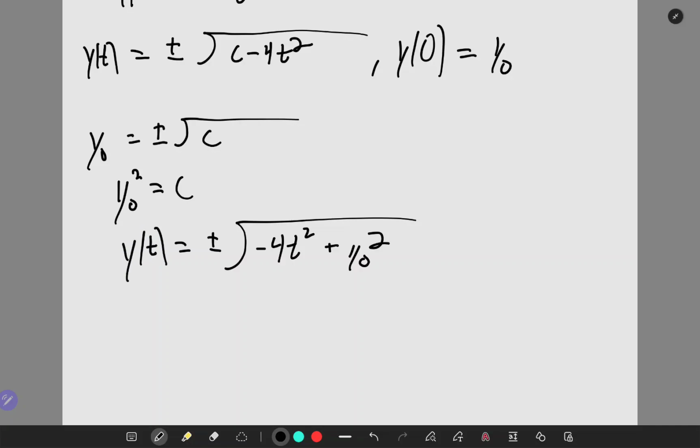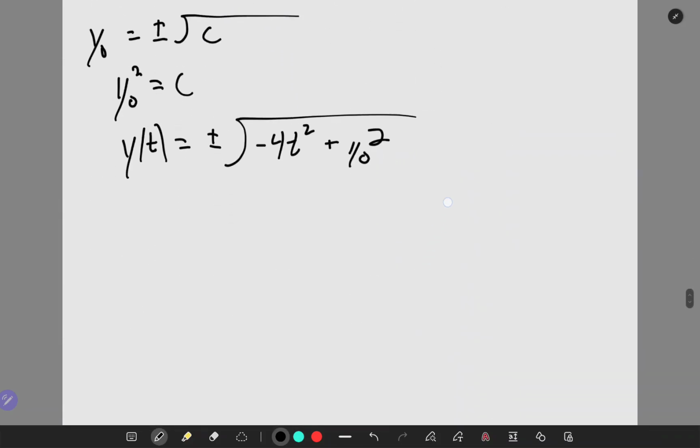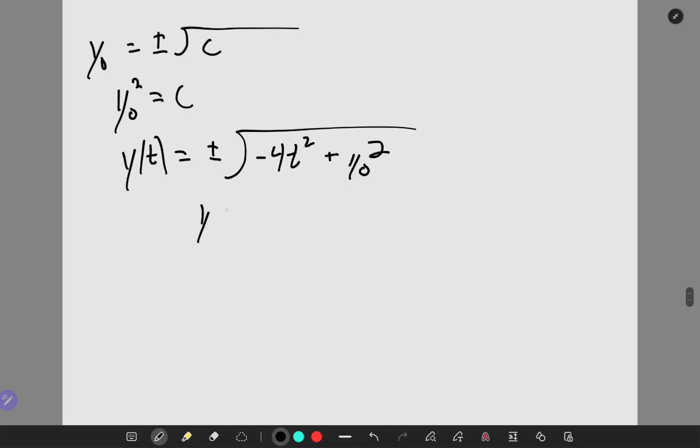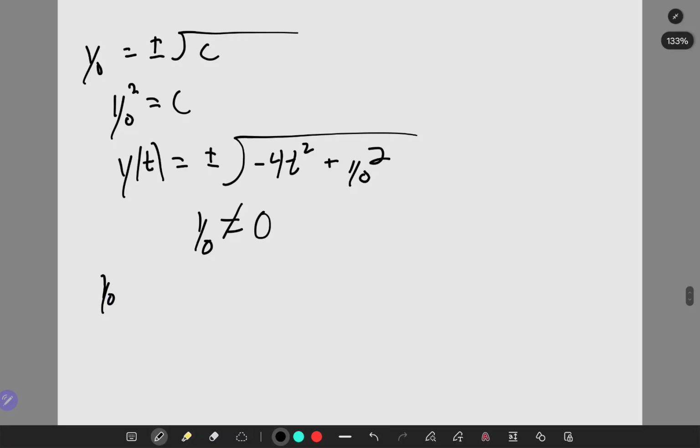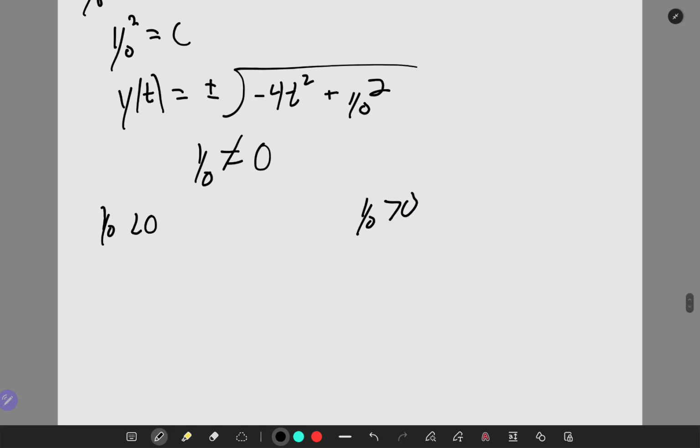So now, from before, we know that y naught cannot equal 0. So we have to analyze what happens to the intervals for the values where y naught is less than 0 and y naught greater than 0. So let's look at the inside here.